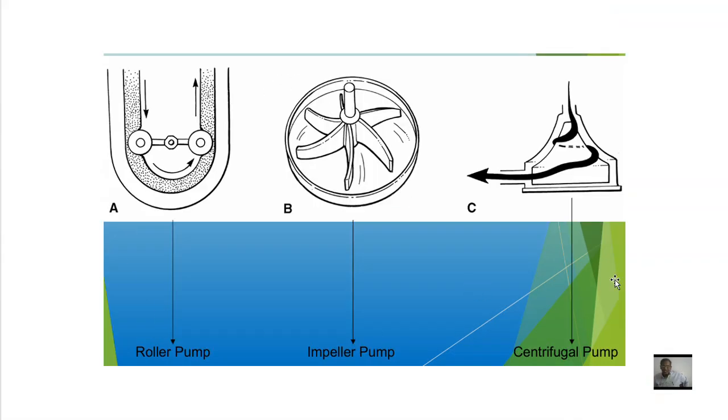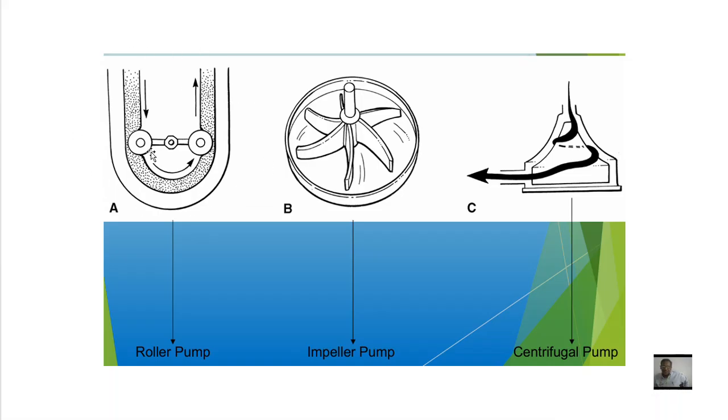These are some of the pumps explained here. This is called the roller pump. Here we have the tubing through which blood is flowing, and the roller keeps rotating. Because of the roller, it compresses the blood tubing so that it pushes the blood in one direction. For example, this is the inflow, and as it rotates in this direction, blood is supplied through this tube.